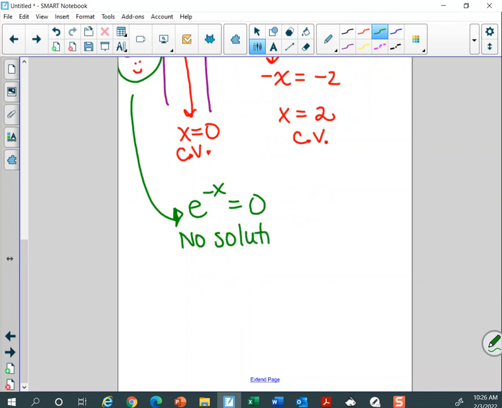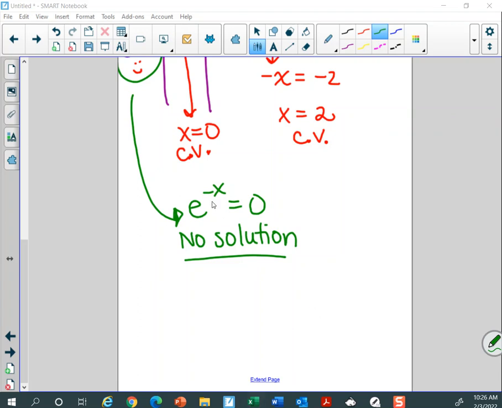Now and forever, e to any power of x equals 0, not going to happen. Never has a solution. e to the 5x equals 0, no solution. e to the x plus 3 equals 0, no solution. That was x plus 3 up in the exponent. e to the negative x equals 0, no solution.